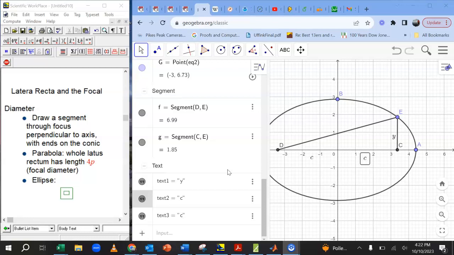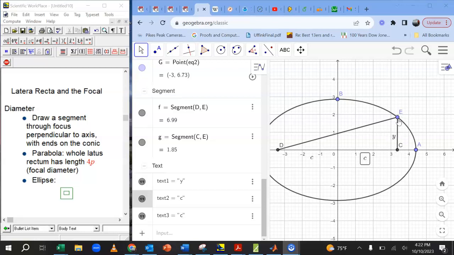For an ellipse, when the main axis, the major axis, is horizontal, the latus rectum is going to be perpendicular to that axis. It's going to be vertical through C, there's one of the foci, and it's also going to come out the other side, but I'm going to focus on just figuring out the length of half of the latus rectum.